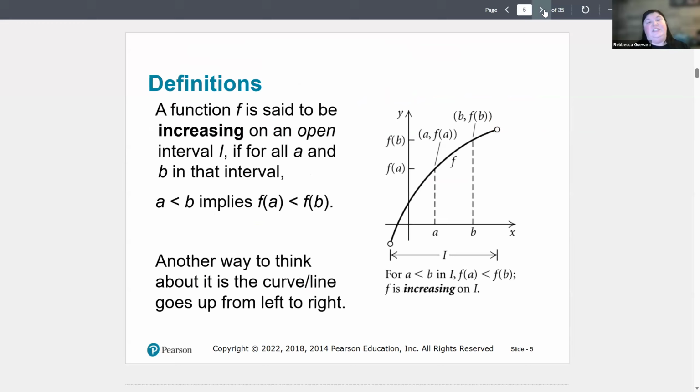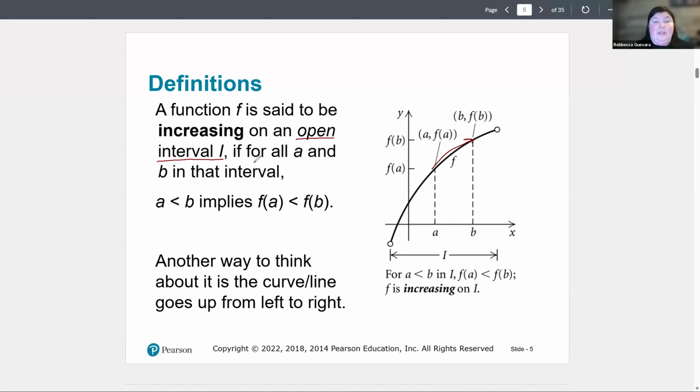So this is a definition that is a little closer to what you would see going into calculus. A function is said to be increasing on an open interval. We're going to use open intervals, and we'll explain that when we do our example. So we're increasing. We've got A to B, and as we see, we're going up.